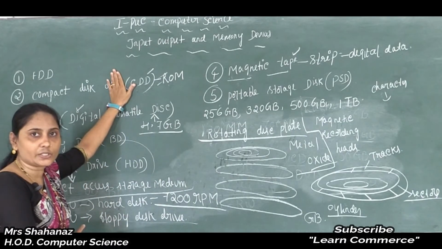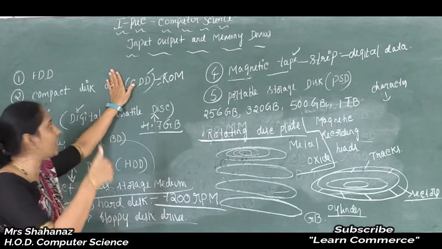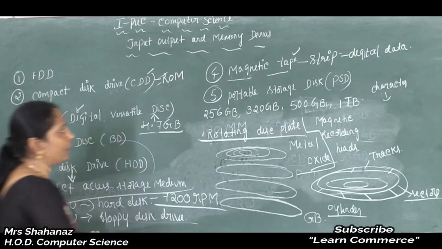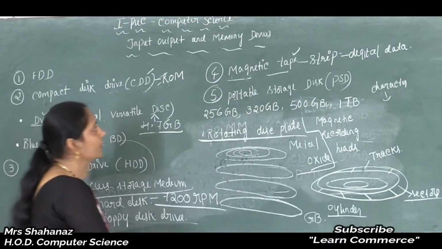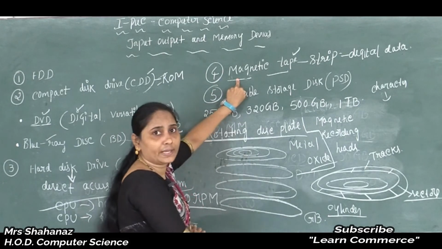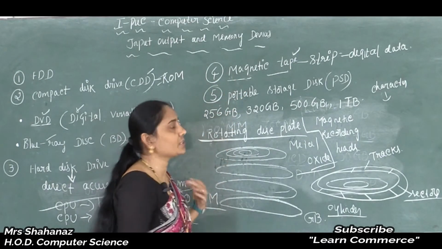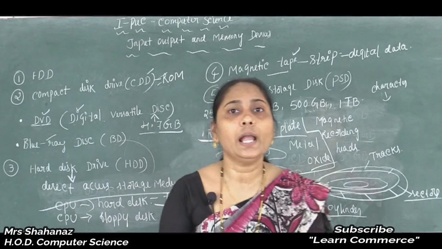In our secondary storage devices, the first device is the floppy disk drive, second compact disk drive, read only memory, third digital versatile disk, Blu-ray disk, called BD disk, hard disk drive, fixed, that means permanently fixed in our computer, it is not an external device. Magnetic tape, one example the audio cassette, okay, and next one portable storage disk. The example is the pen drive.